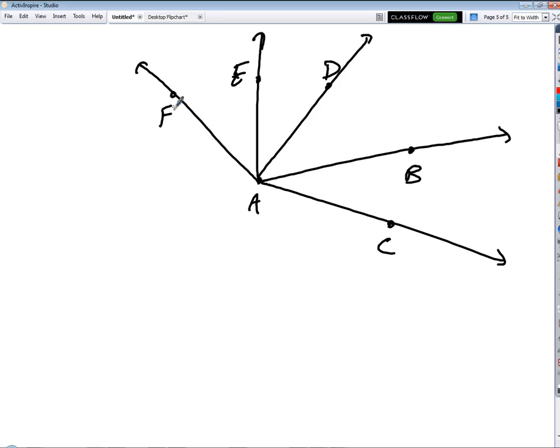The measure of angle BAC is 20 degrees, the measure of angle DAB is 30 degrees, EAD is 20 degrees, FAE is 30 degrees. So Caitlin, give me a statement I can make about those that's true.